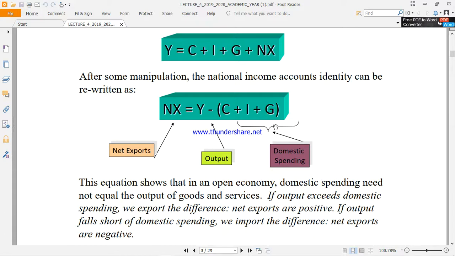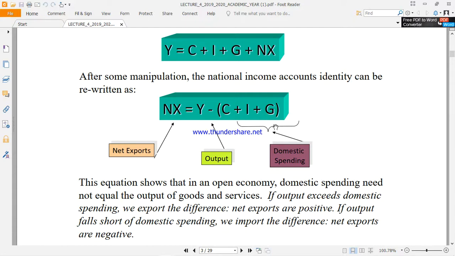If what we are buying is more than what we are selling, then we're running a negative trade balance. And if what we produce is equal to domestic demand, then we are not making anything, it's more like we are making zero profits.